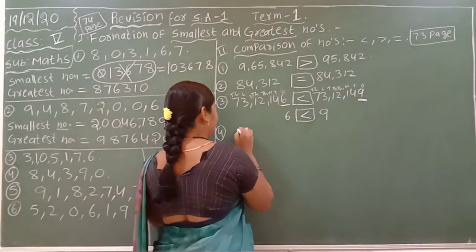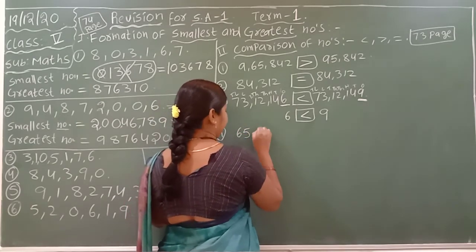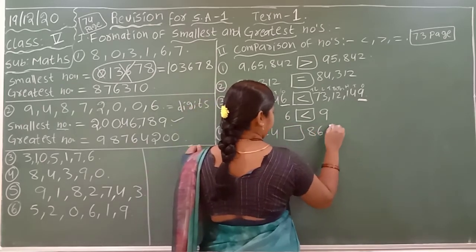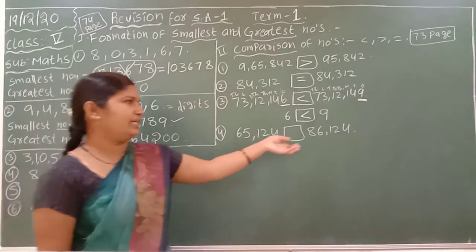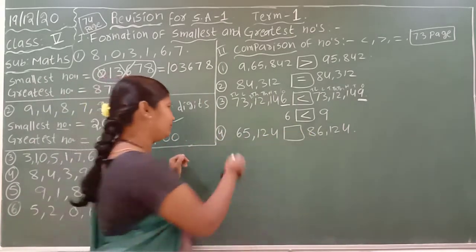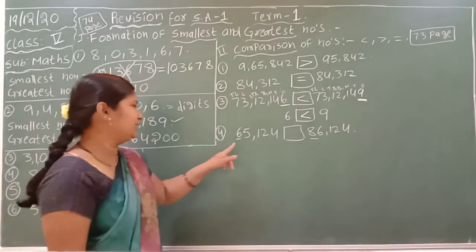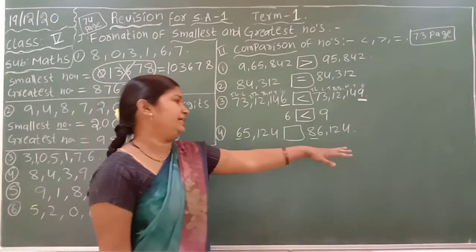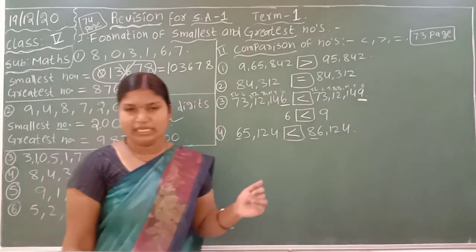For example, it is a 5-digit number, and it is also a 5-digit number. Check the highest place value, the first place, left to right. 6 is here, 8 is here. Which is the big number? 8. So automatically the total number becomes the big number.